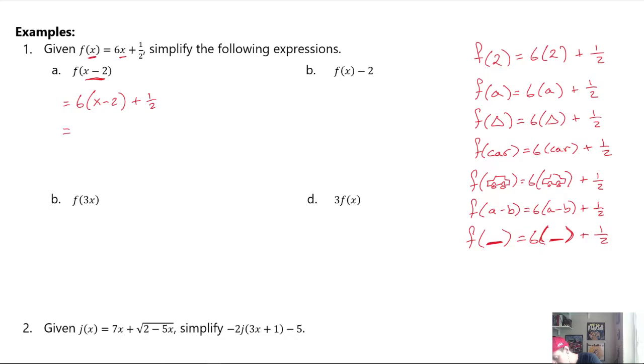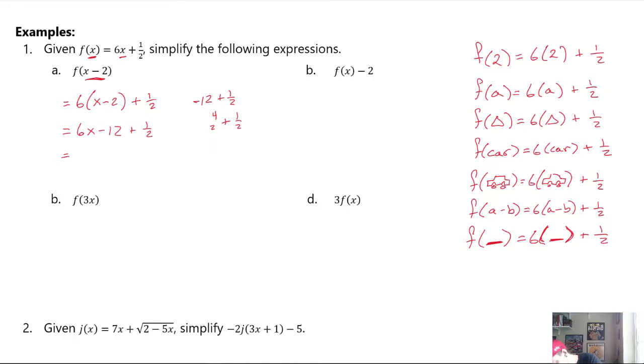Now we can simplify. We'll distribute the 6, get 6x minus 12 plus 1/2. Then a little fraction arithmetic: we have to get a common denominator, so 12 equals 24 over 2.